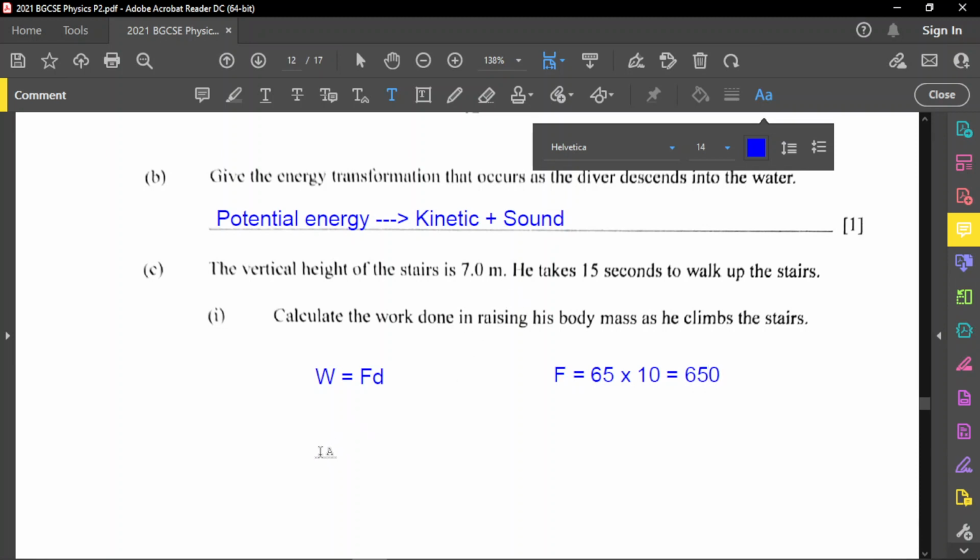We already know the distance, which is 7 meters. So work is 650 as the force, multiplied by 7 meters, the entire height. This is equal to 4,550 joules. I can say Newton meter as well. That's the work done right there.